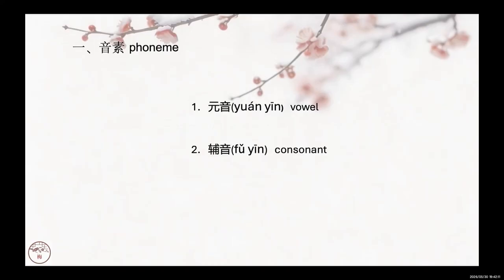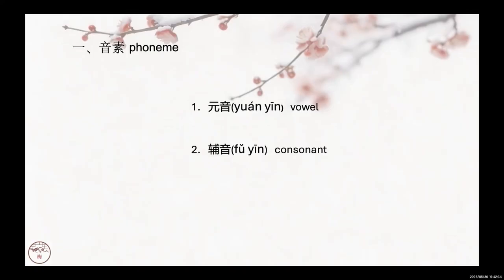But English, German, French, Spanish have the same root, right? Latin languages, and they belong to phonetic scripts, which means you can easily tell the pronunciation from the writing, but you may not be able to tell the meaning.